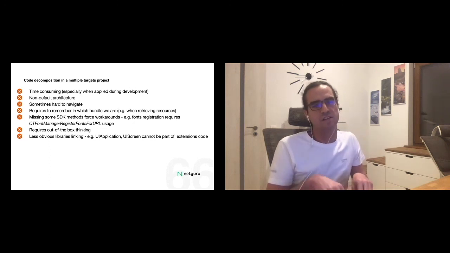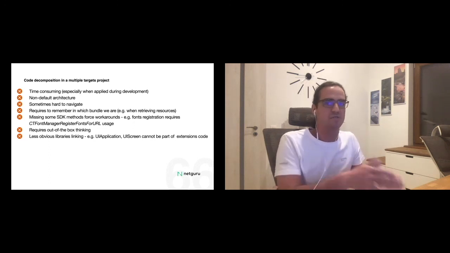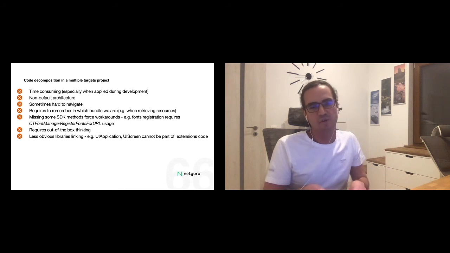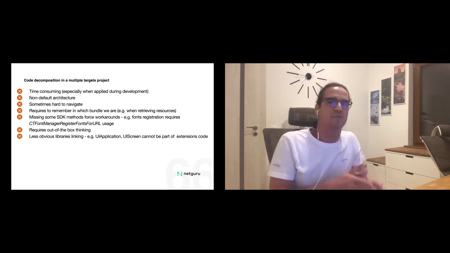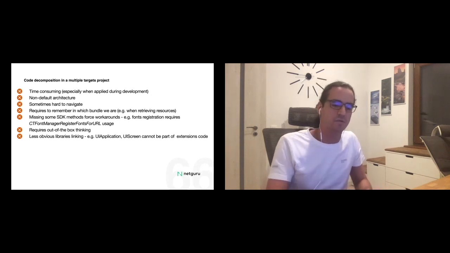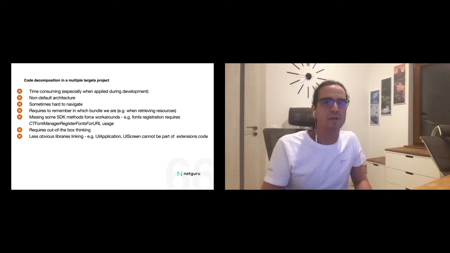Due to that, I encourage you, if you pick such a way for the next project, to rather not put UI elements in the framework. Although it's also possible, right? But you have to know which classes are forbidden. In this case, UIApplication and UIScreen are always forbidden in the extension scope.